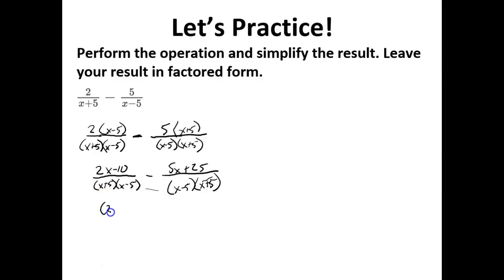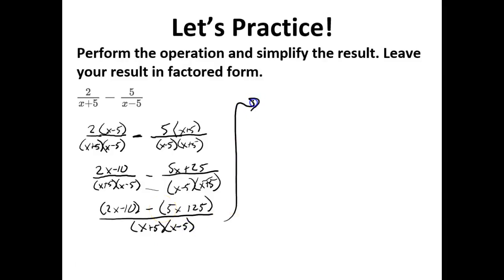We can take the 2x minus 10, subtract 5x plus 25. The bottom is going to stay the same. The x plus 5, x minus 5, those two factors have to be in the bottom.